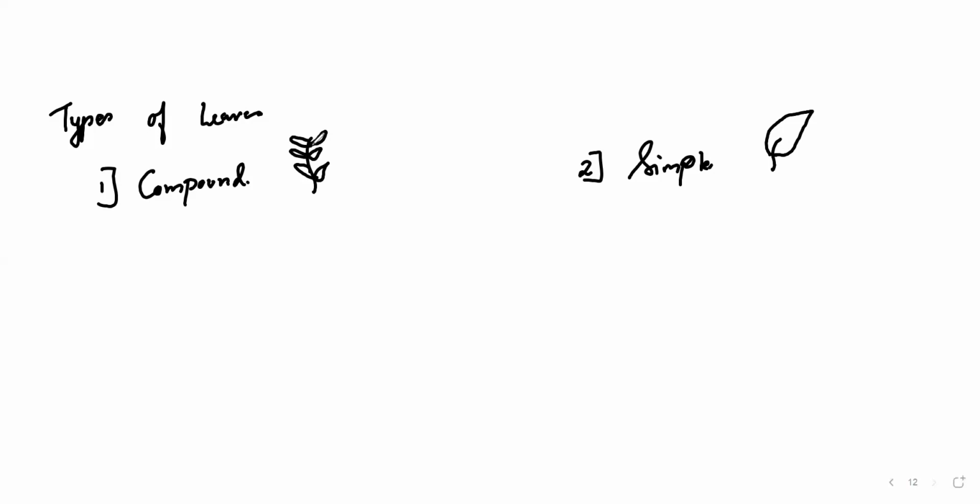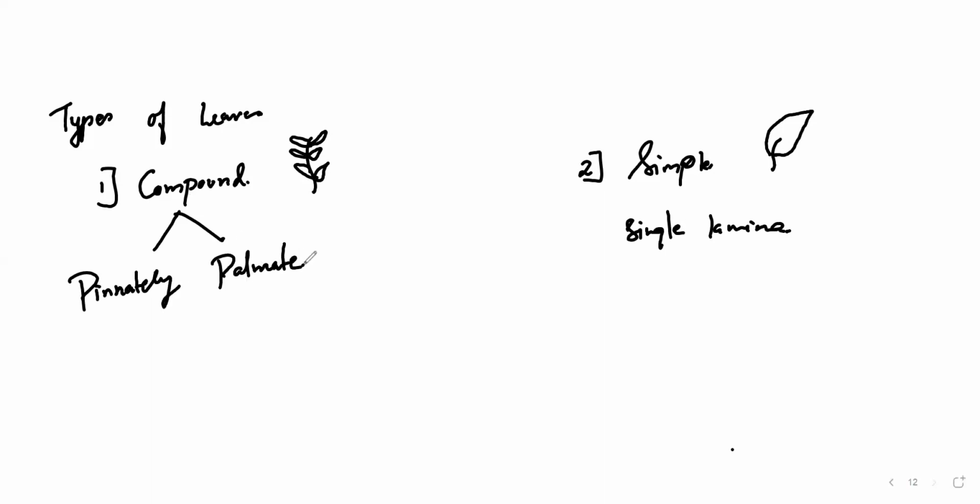Now, simple leaf doesn't have any further classification because it has only a single lamina. But under the compound, you have two types: the pinnately compound leaves and palmately compound leaves. Now, what is this pinnate and palmate?